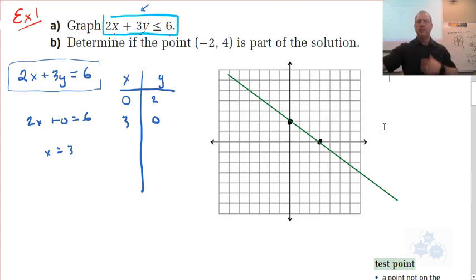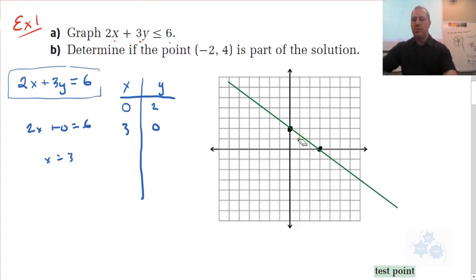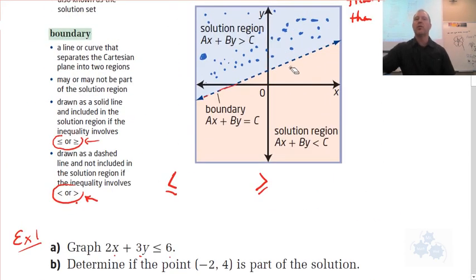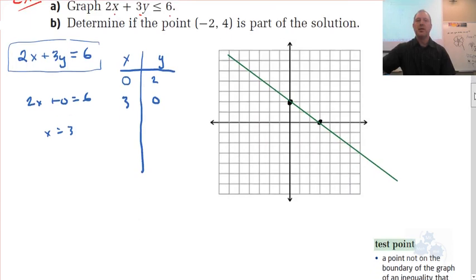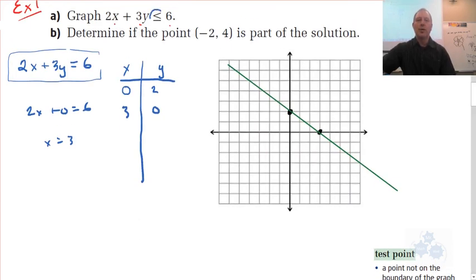All right. So now one of the things we have to understand is: do we make this boundary dotted or dashed or solid? So notice up here, this boundary was dashed. And this was because there was no "or equal to" here. You see how there's no "or equal to"? So that means that the line itself is not included in the solution set. But down here, we have an "or equal to."